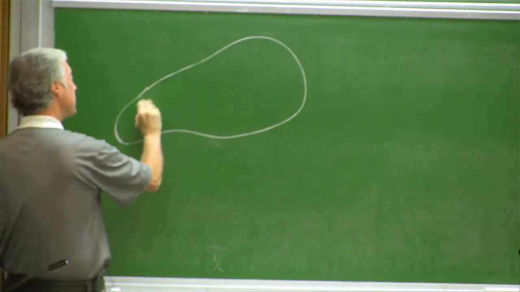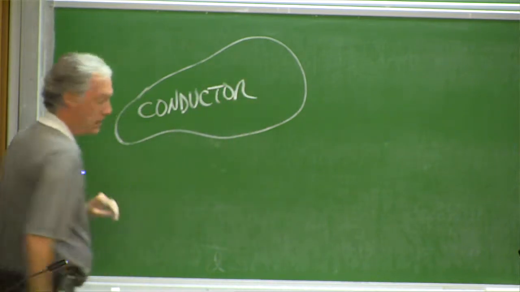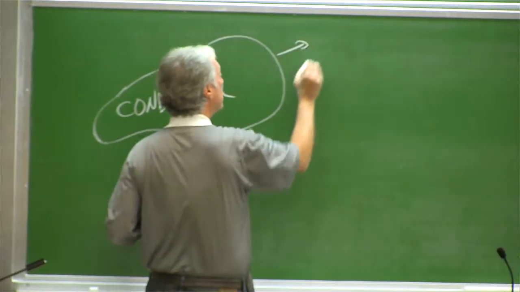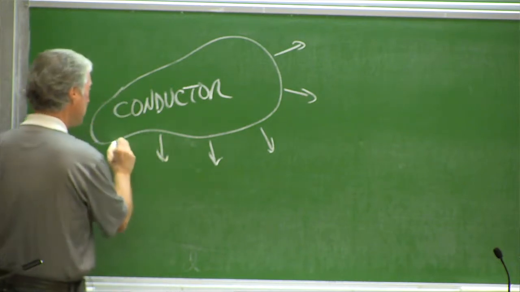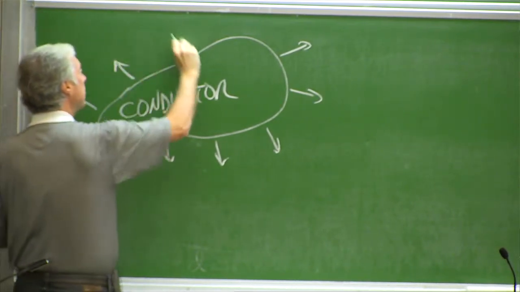Here's some arbitrary conductor. We learned last time that the electric field at the surface of a conductor is everywhere perpendicular to that surface in static conditions.